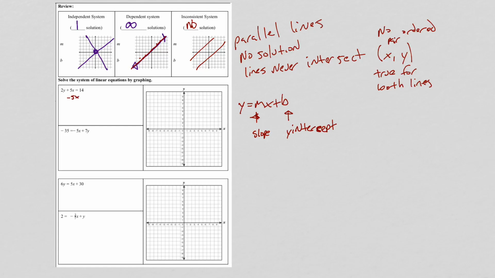So the first thing we have to do is subtract 5x from both sides. You're going to get 2y is equal to 14 minus 5x, and then from here divide everything by 2. So you get y is equal to negative 5 halves x plus 7.